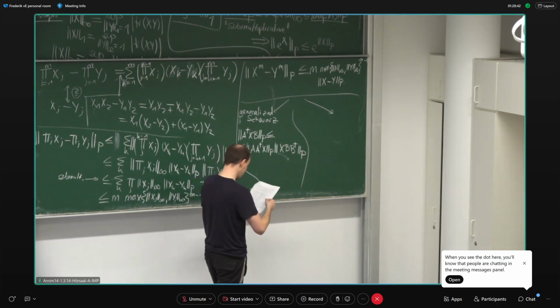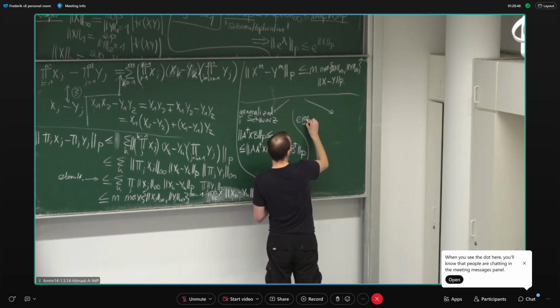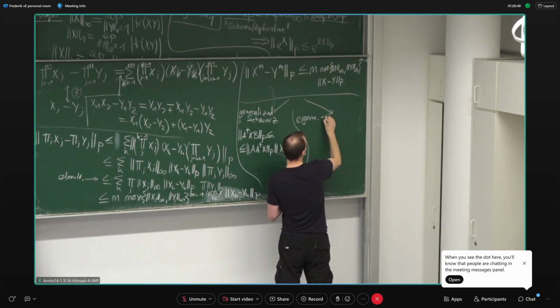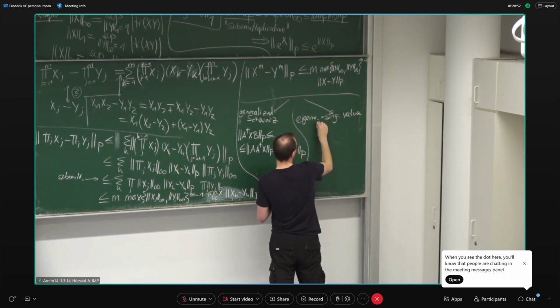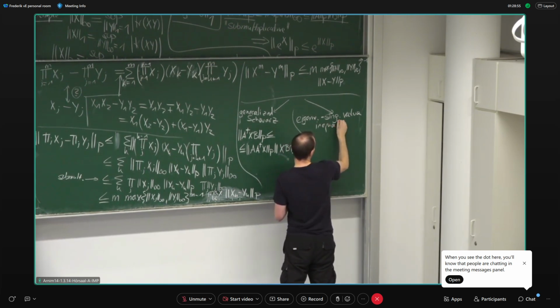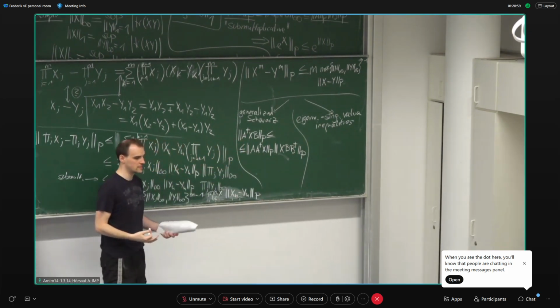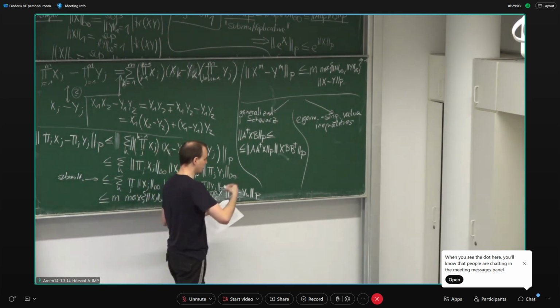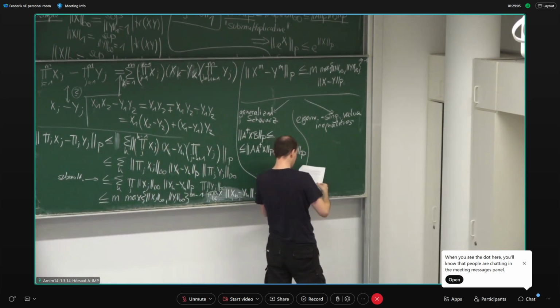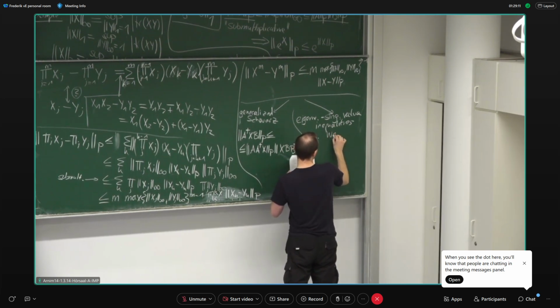Okay, and the other thing is about eigenvalue, singular value inequalities. So of course, for normal matrices, we established that up to absolute value, these are the same. But for non-normal matrices, there are very nice inequalities between these two.